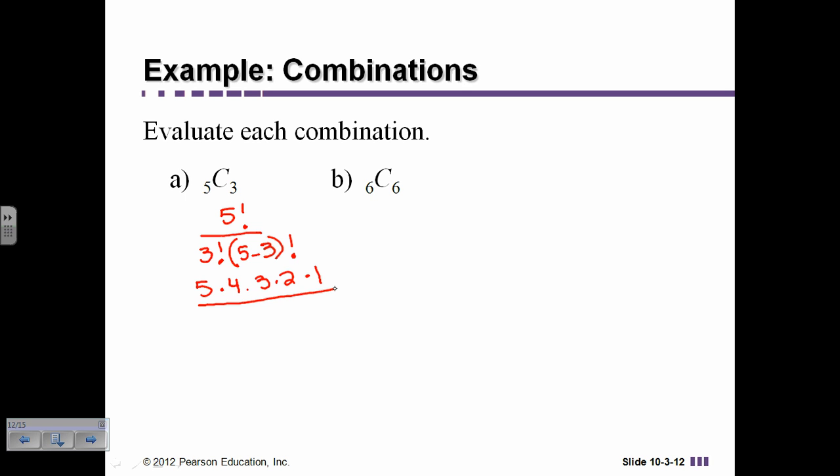And on the bottom, we have 3, 2, 1. And then 5 minus 3 is 2, so we end up with 2 and 1 again. Oops, excuse me, that should be a 1. I'm just going to scribble it out and put a 1 there. So then if we cancel out our duplications here, we've got the 1, the 2, and the 3. So we'd end up with 20 divided by 2, which is 10 possibilities.